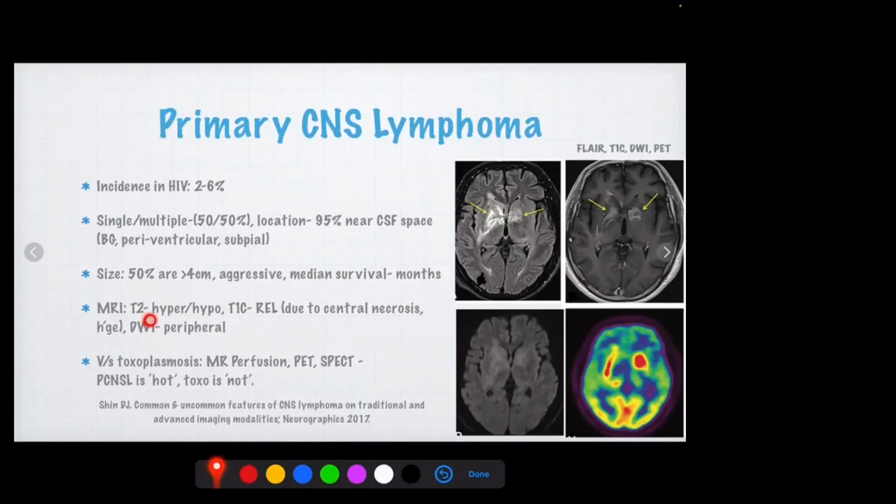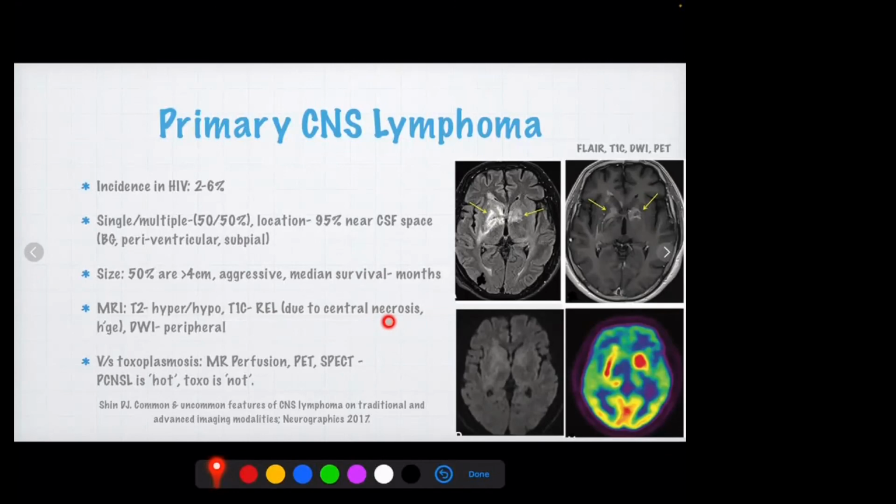It generally is hyperintense. It shows ring enhancement rather than a solid enhancement, even in larger lesions and smaller lesions, because of central necrosis. And the central necrosis suggests the aggressiveness of the lymphoma in compromised patients. In immunocompetent patients, whenever we have lymphoma, it is not so aggressive, and there is no significant hemorrhage or necrosis in the center, and hence they are diffusely enhancing.